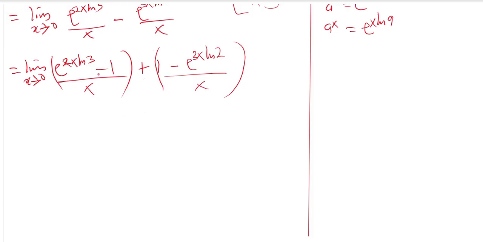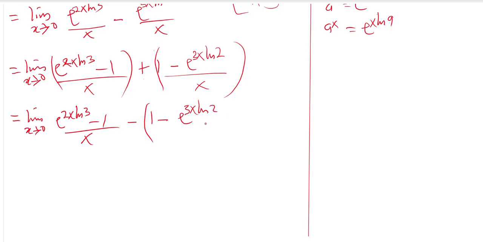So we can rewrite it to be in this form, so that we are going to have the limit as x approaches 0 of e to the power of 2x ln 3 minus 1 all over x minus 1 minus e to the power of 3x ln 2 all over x. So we just rewrote this, and this is what we have.